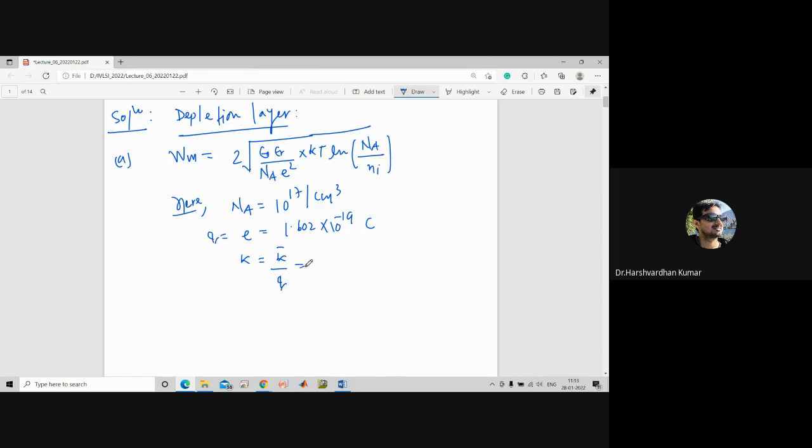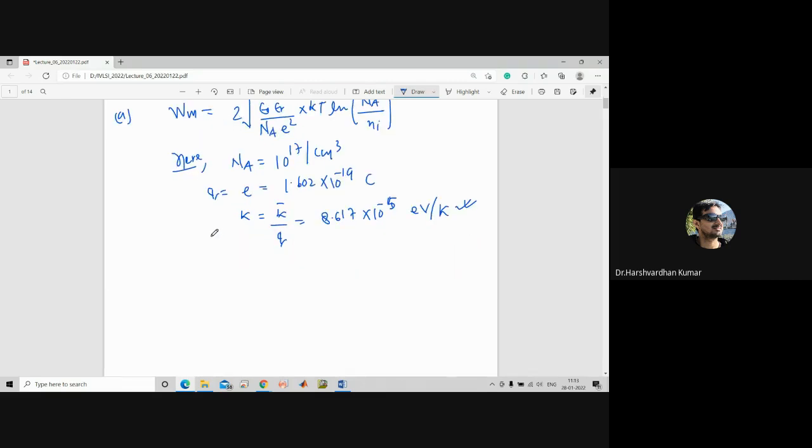So this is equal to 8.617 into 10 to the power minus 5 electron volt per Kelvin. Remember, these are the constants you have to remember. This is the Boltzmann constant in electron volt, and whenever the temperature is not given, you have to understand it is room temperature, so it is 300 Kelvin.